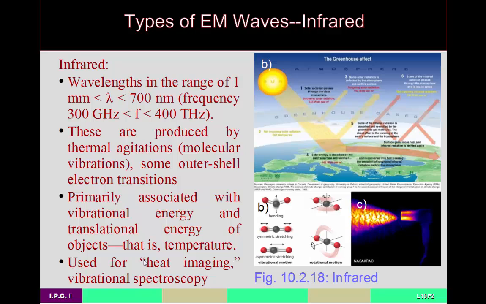The other interesting thing about infrared is that it is the primary band that is responsible for heating the Earth's atmosphere. This is true as far as global warming goes. The thing that really causes global warming is that you get solar radiation impinging on the atmosphere.